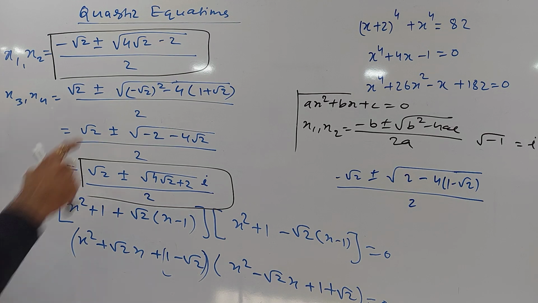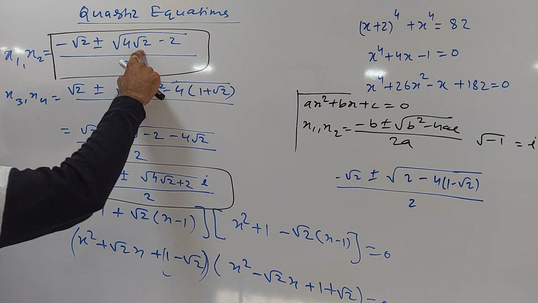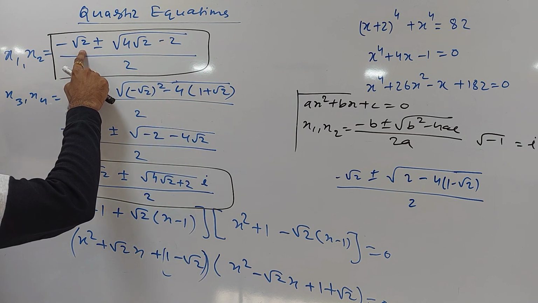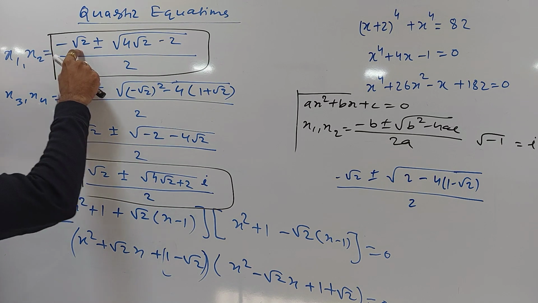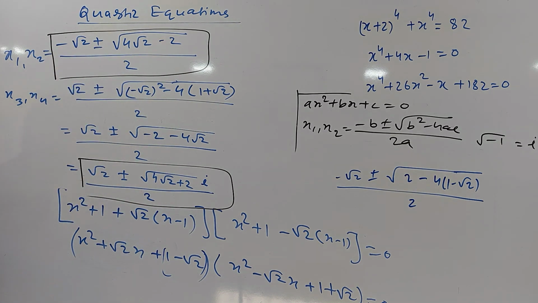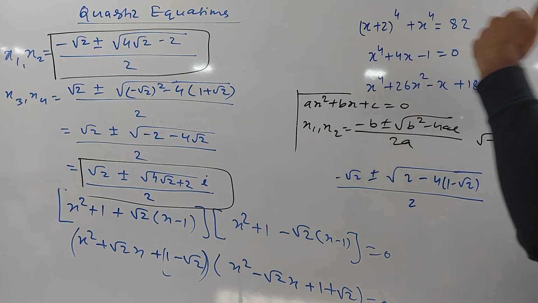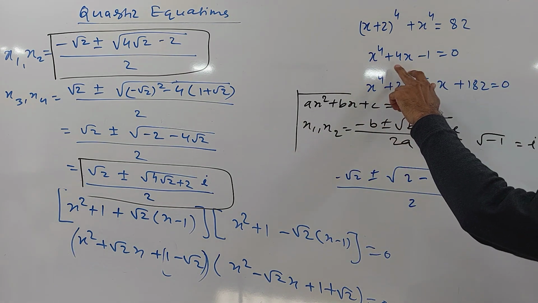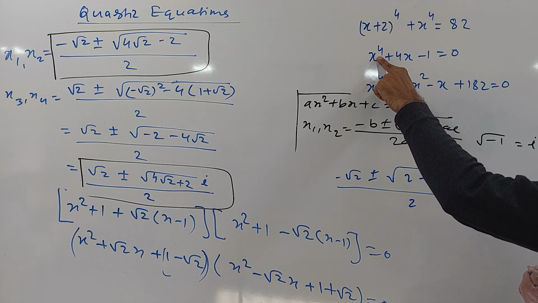Check out, this should be positive, this should be positive, and the value of this is greater than minus root 2. So the plus part of it, plus a little bigger number, minus root 2 upon 2, is positive. So that is one positive root. Check out for minus x, f of minus x, so the negative root will be again 1, because it will give minus here, because this will be positive only.